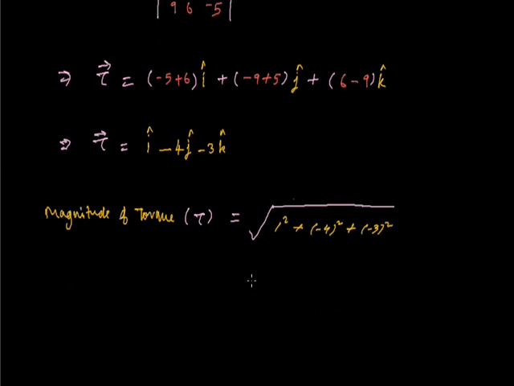So its magnitude is the square root of 1 plus 16 plus 9, which equals the square root of 26, which provides the value of the torque as 5.1 newton-metre. That is our answer.